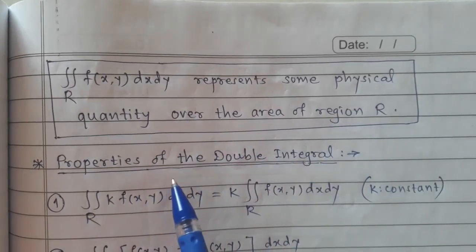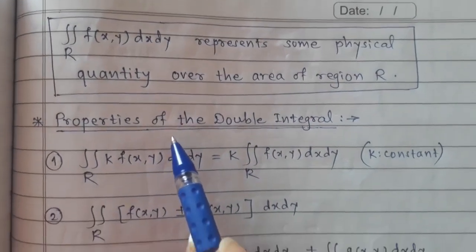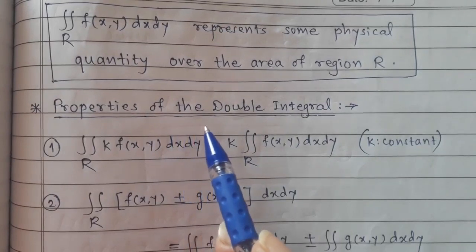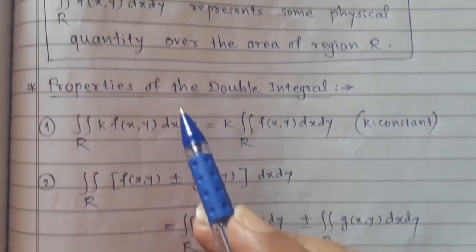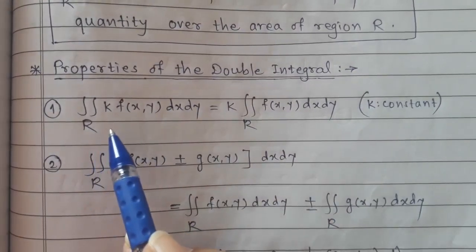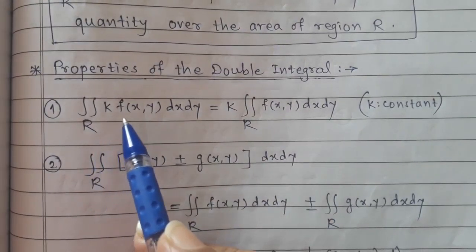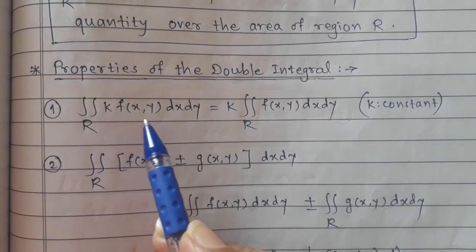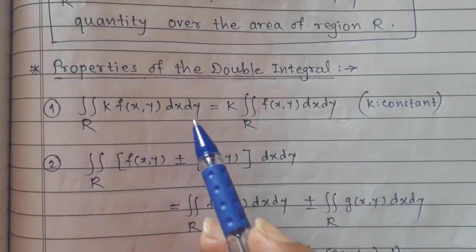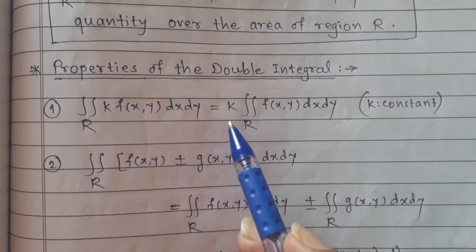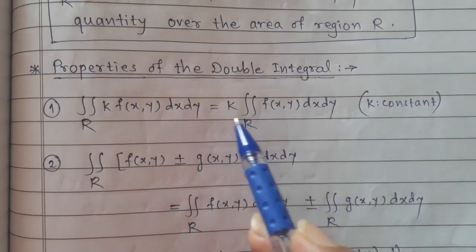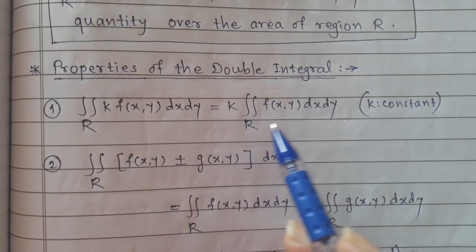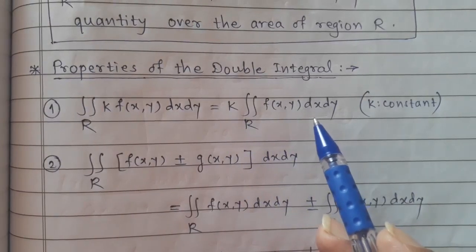Next, we will see the properties of double integration, which are actually the same as those of single integration. First, the double integration over the region R of k, a constant, into f of xy dx dy equals k, the constant, which comes out of the double integration, into the double integration over R of f of xy dx dy.